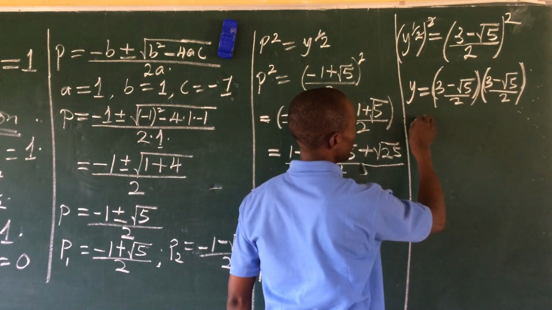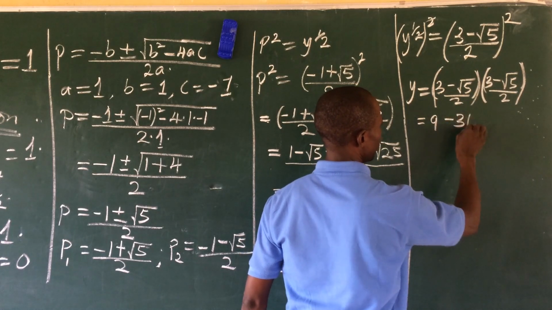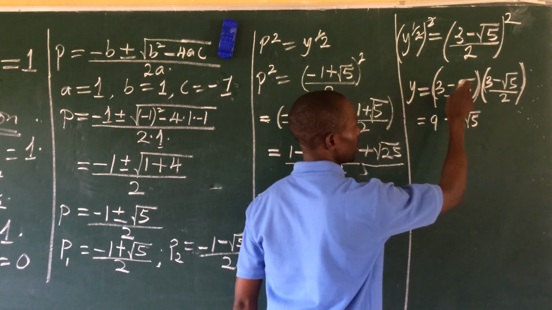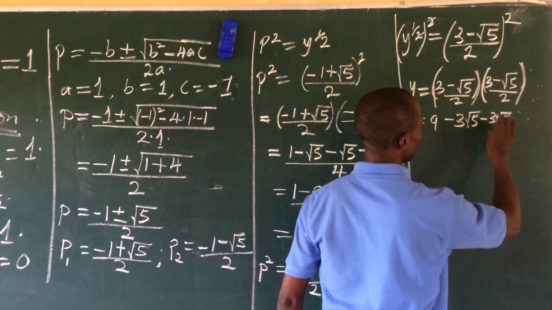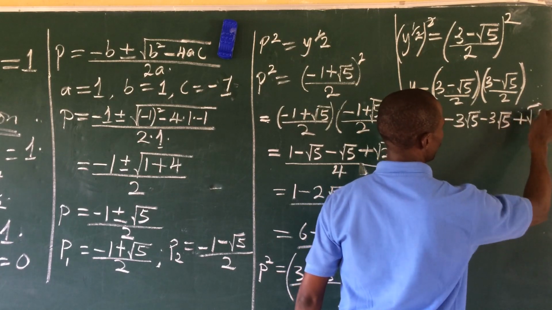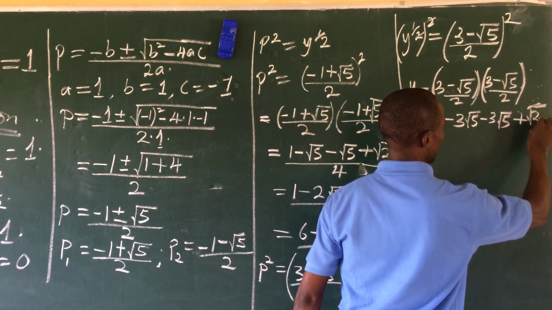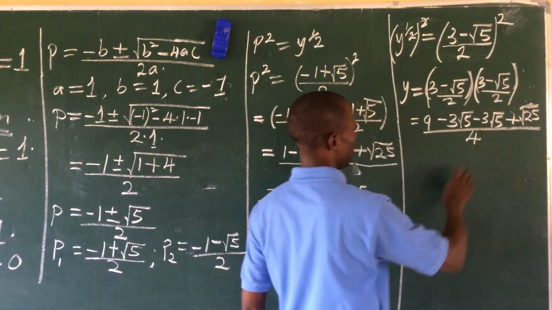So 3 into this will give us 9. 3 into this gives us -3√5. Then this into this gives us -3√5. Then √5 times √5 gives us plus 5, which is √25. Everything all over 4.